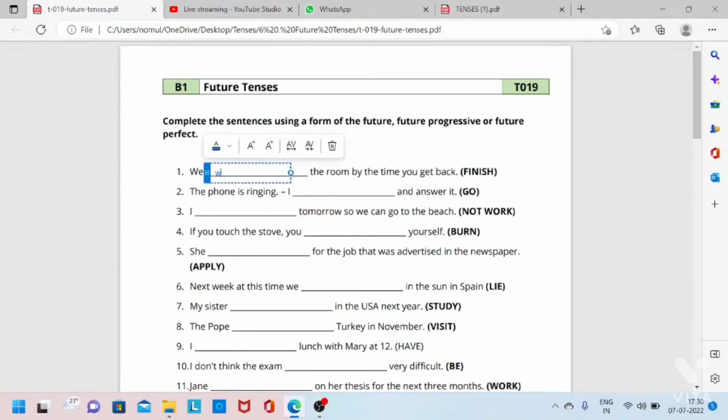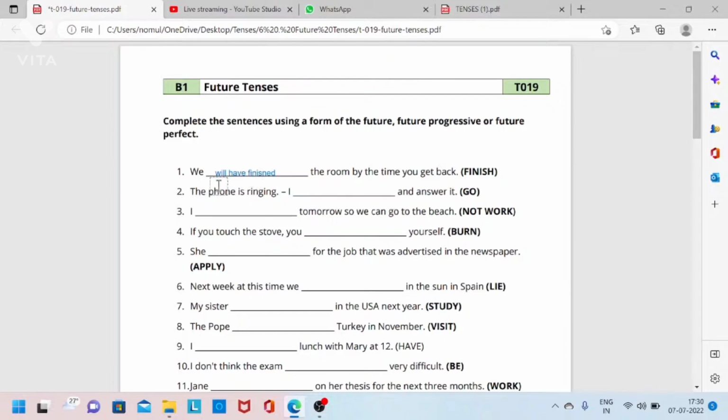Okay, it's a rule. So we will have finished. Okay, we will have finished the room by the time you get back. So this is the answer. By using finish we have completed the sentence.